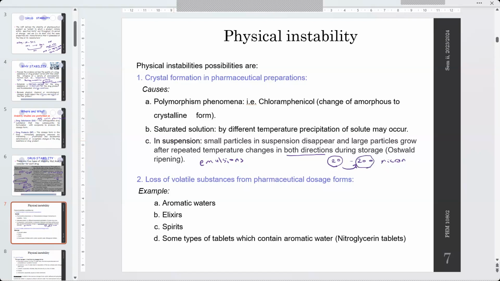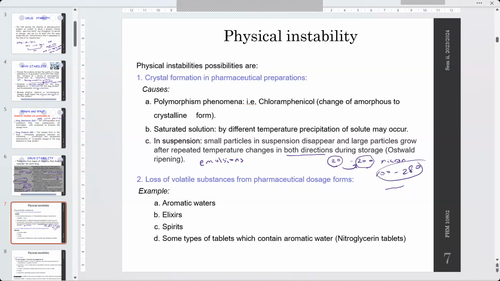So if you measure the particle size upon manufacture, you find it within the range 20 to 200, for example. Then after 3 months, you measure again, you see that the range may have changed to, for example, 100 to 280. After a few months, it may increase more and more. So this is considered a kind of physical instability.